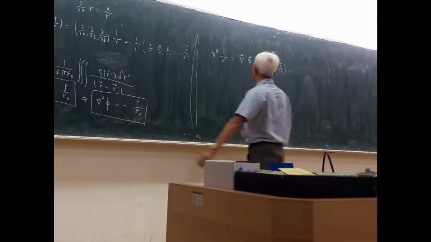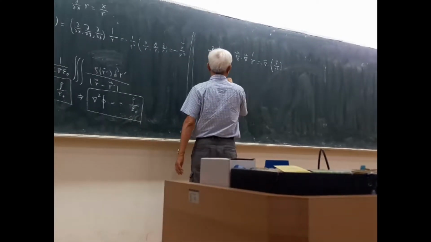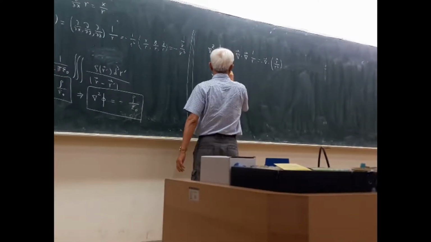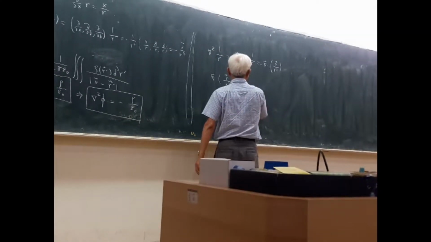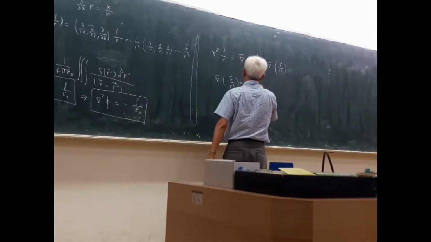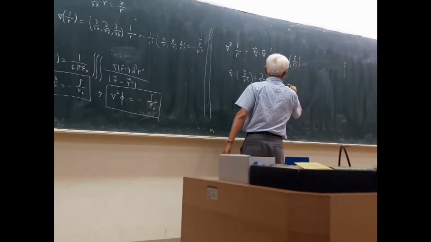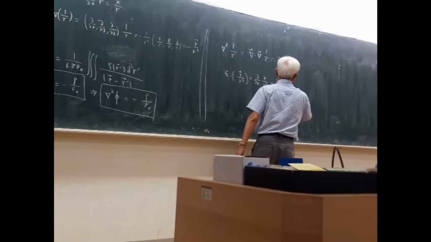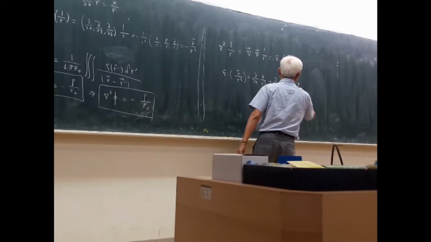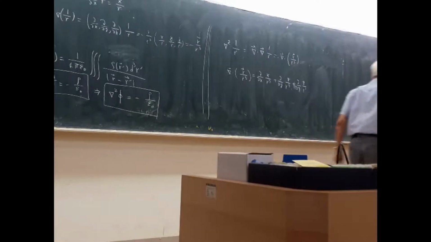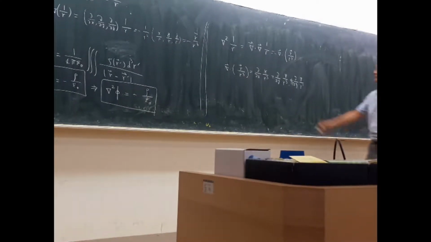Divergence means partial x plus partial y plus partial z. Okay, and this can be easily calculated.